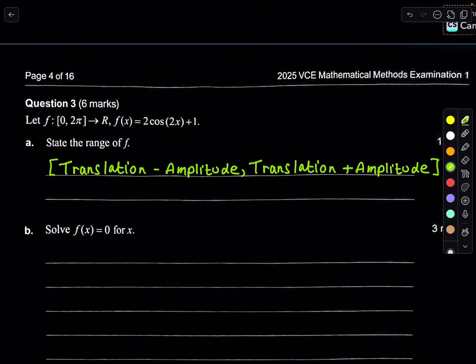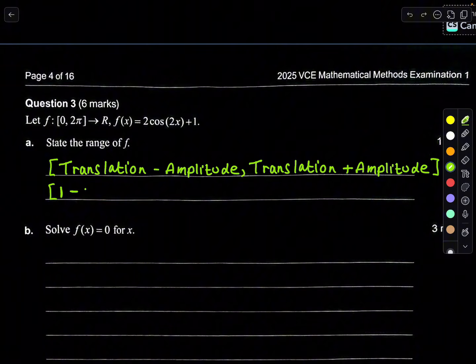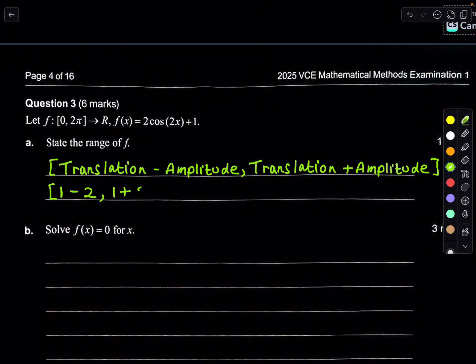So, for example, in this case, what is our translation? Our translation is our 1 here, positive 1, minus our amplitude, which is 2. So 1 minus 2, comma, then doing the same thing. Our translation, which is 1, but now it's plus your amplitude, which is 2. And hence that gives us as a final answer, -1, 3.